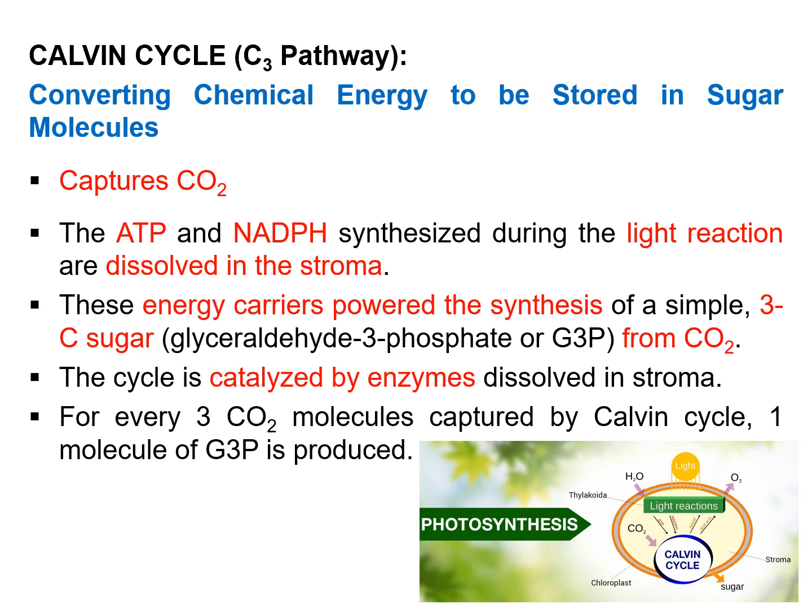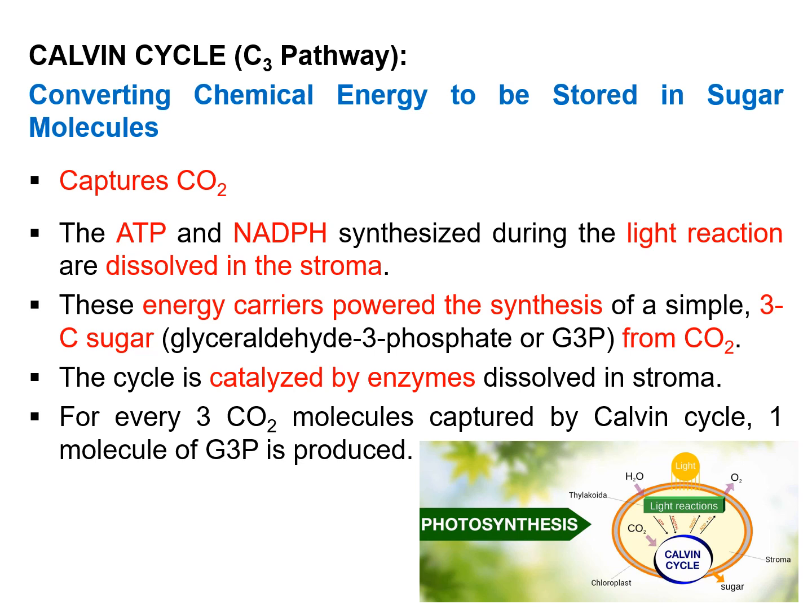The ATP and NADPH synthesized during the light reaction will dissolve in the stroma. These energy carriers will power the synthesis of a simple 3-carbon sugar called glyceraldehyde 3-phosphate from CO2.